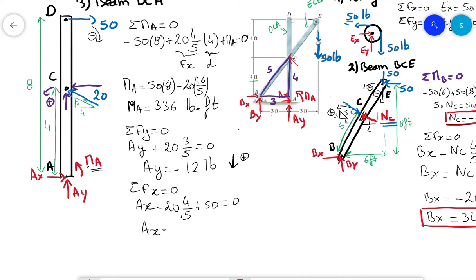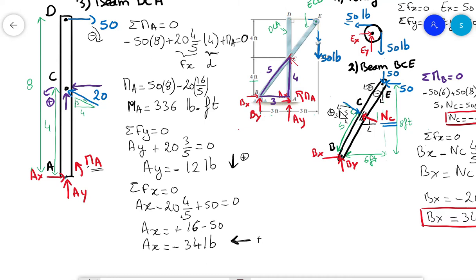So AX is equal to plus 16 minus 50. So AX is equal to minus 34 pounds. We drew it to the right, so it means in fact it's going to the left.